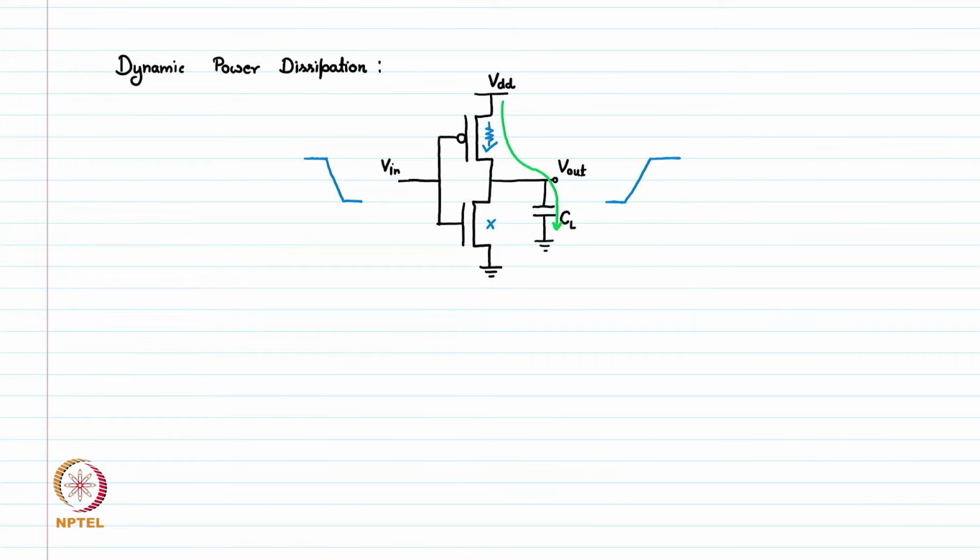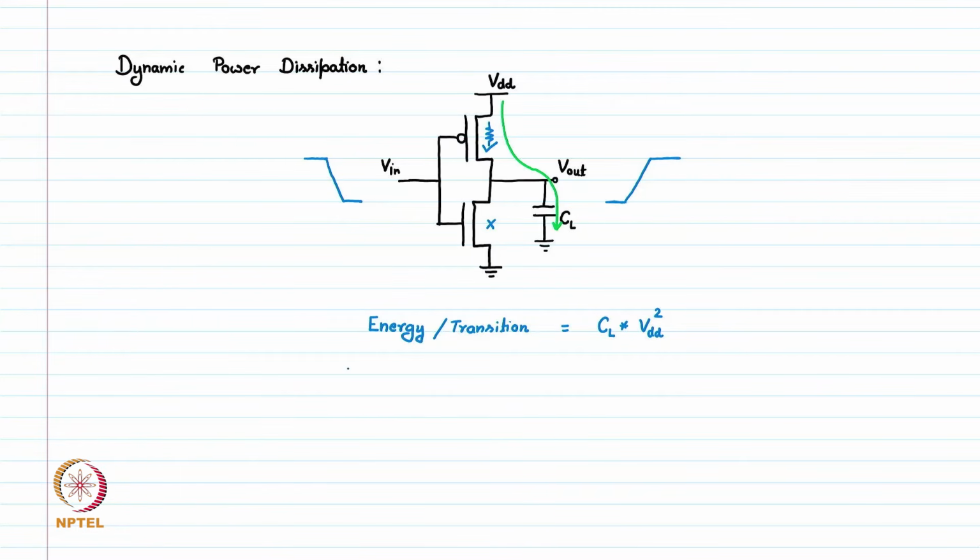Now the energy per transition, if we write for this circuit, is CL, which is the load capacitance, multiplied by the VDD square. This is the voltage which finally appears across this capacitance.